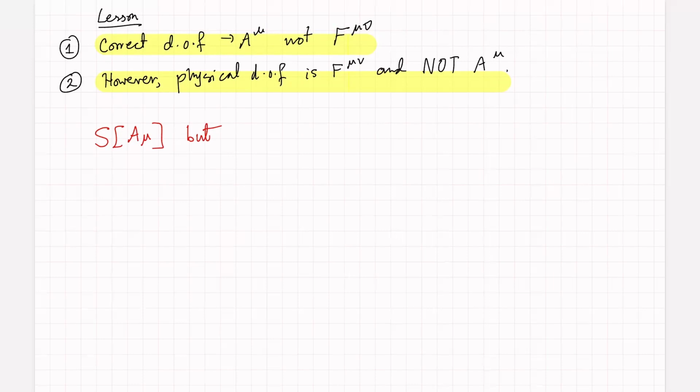So the point is that we write the action S as a function of A mu, but we have to remember that we can only observe F mu nu and not A mu directly. It's only a specific combination of A mu, which is del mu A nu minus del nu A mu, that you can observe, but not A mu directly. This is essentially the old way of saying that potential difference is what you can measure, but not potential itself.